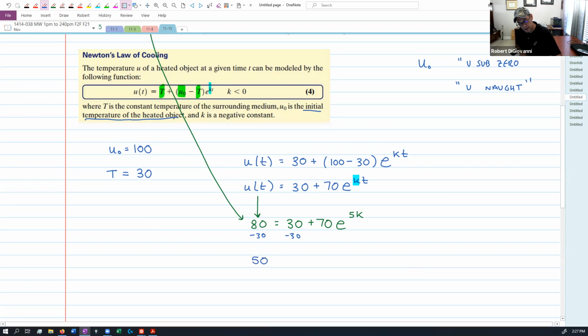That'll give me 50 equals 70 e to the 5K. I'll divide both sides by 70. So 50 over 70. Let me just get the decimal now. 50 divided by 70 is going to be 0.71428 equals e to the 5K.